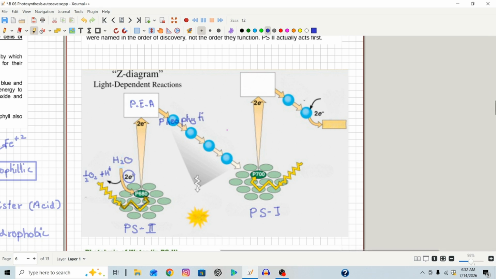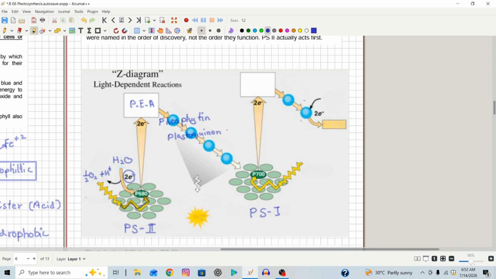This is the first electron acceptor. The electron will go to the pheophytin first. After that, the secondary acceptor is plastoquinone. And the next electron acceptor is the cytochrome complex.